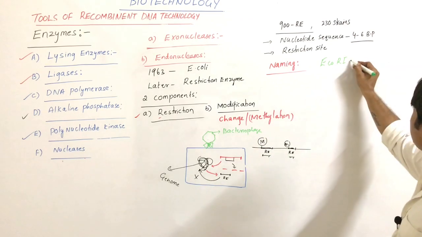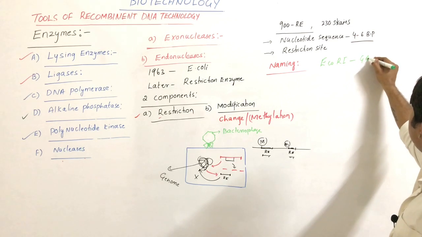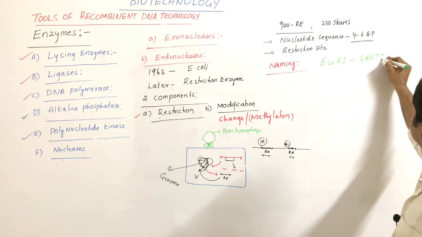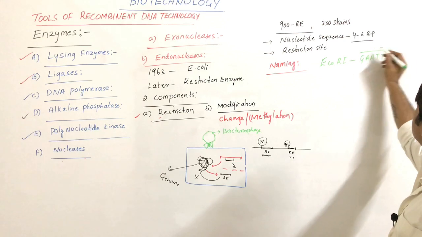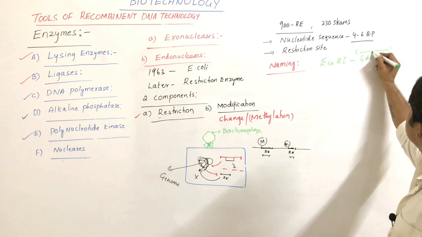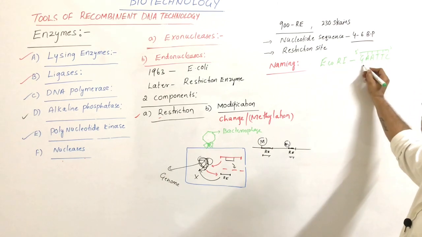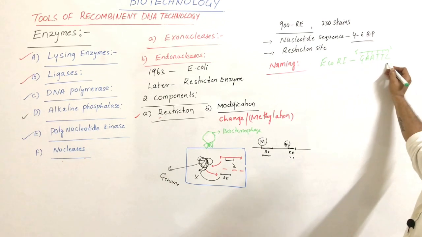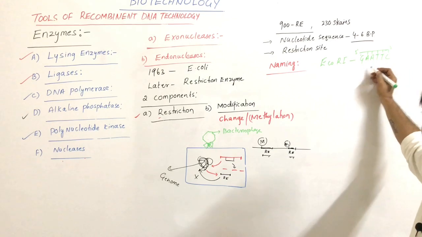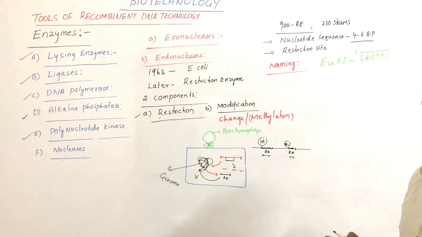It has a specific nucleotide sequence which is GAATTC. This is from 5' to 3' end. This particular enzyme will identify this restriction site, and if it finds this restriction site in the entire DNA strand, it will cleave it.